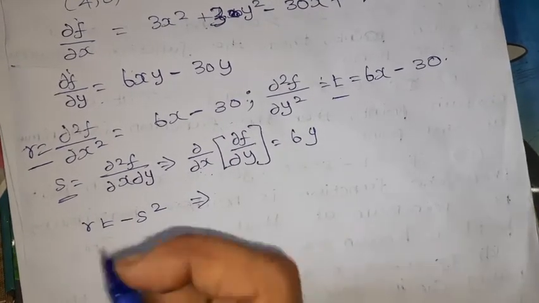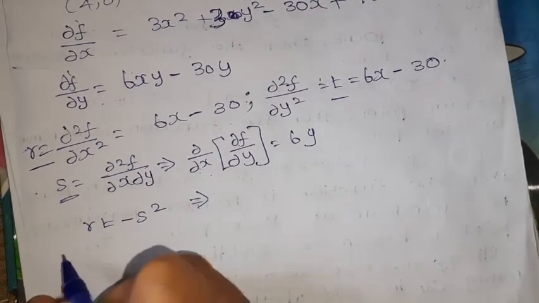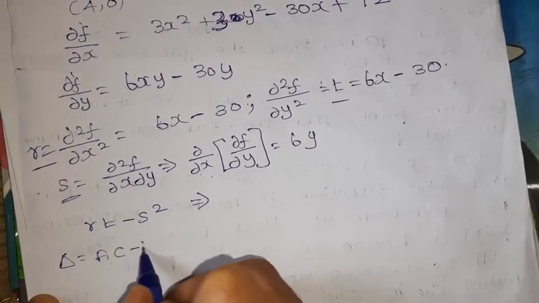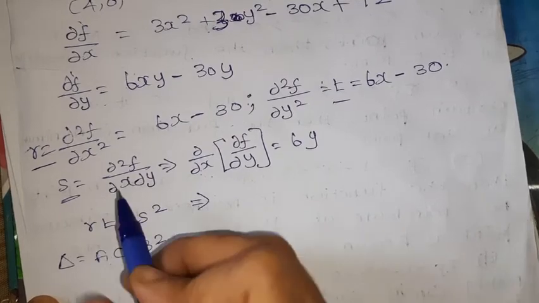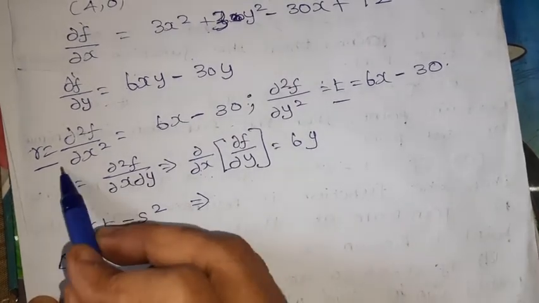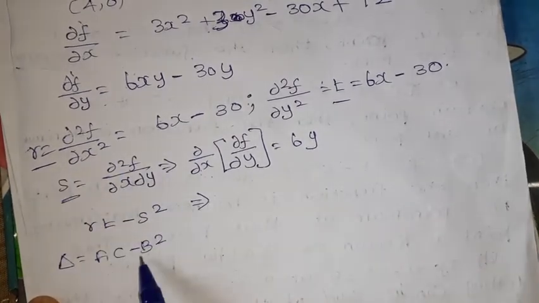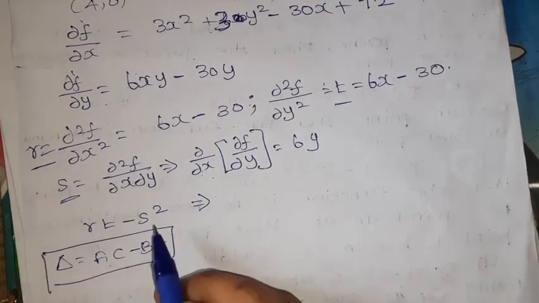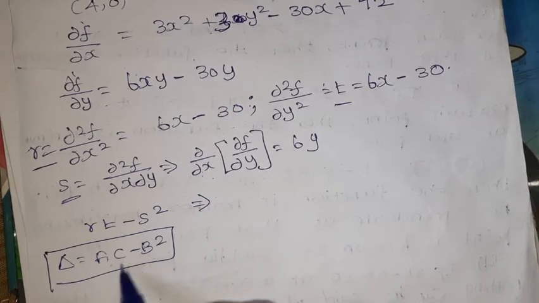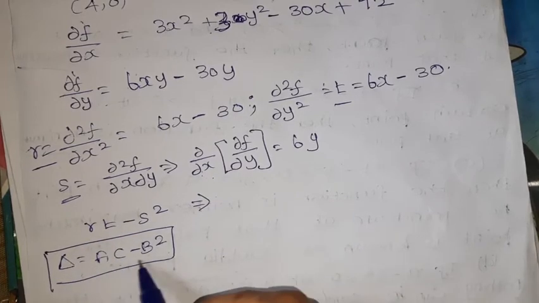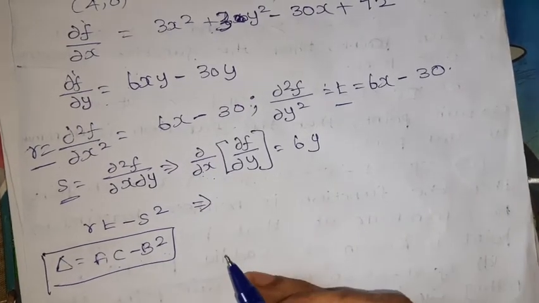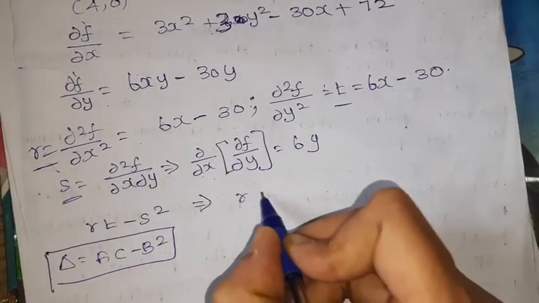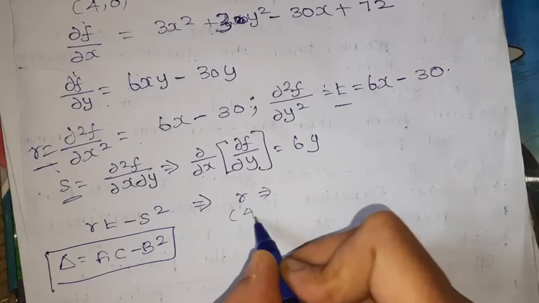In some questions or textbooks it is given as AC minus B squared, the same thing, only the alphabets change. First we need to substitute the point 4 comma 0 in r.